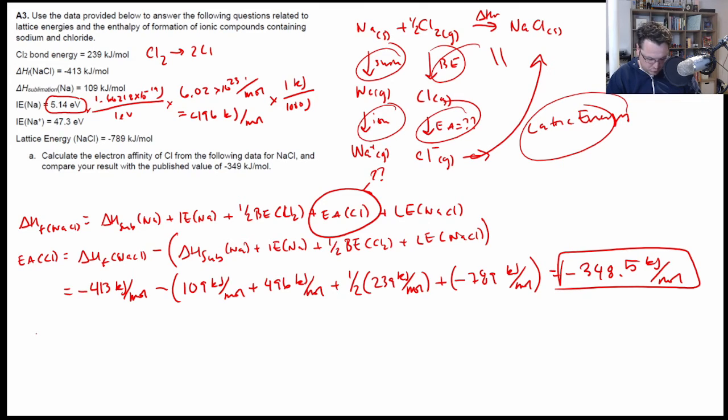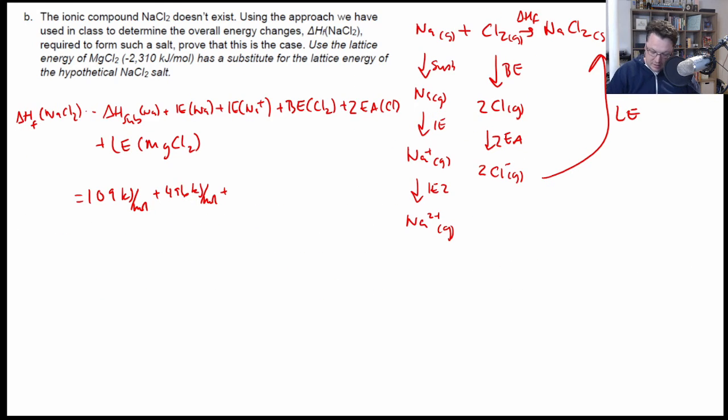So I have 47.3 times 1.60218 times 10 to the negative 19 times 6.02 times 10 to the 23rd divided by 1,000, which gives us a value of 4,562 kilojoules per mole. So very high.